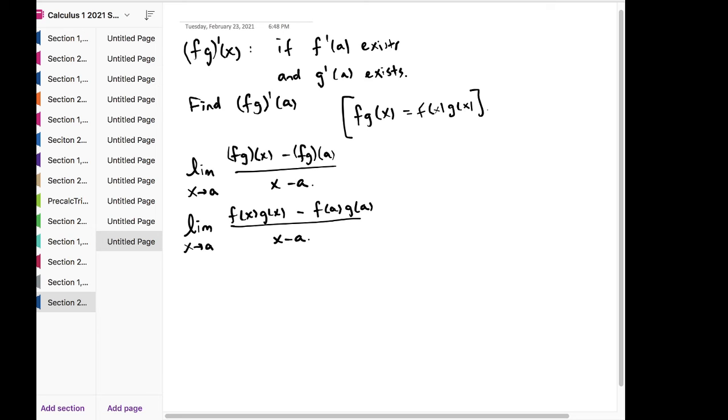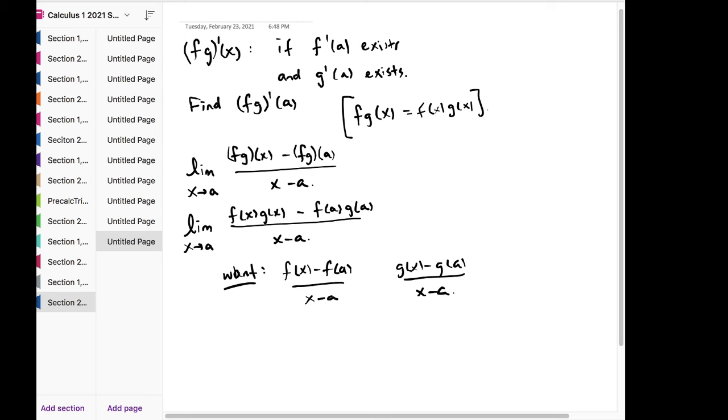Let's just look first at f of x. So first of all, what do I want? I probably want to find some f of x minus f of a over x minus a. And I probably want to find some g of x minus g of a over x minus a, right?